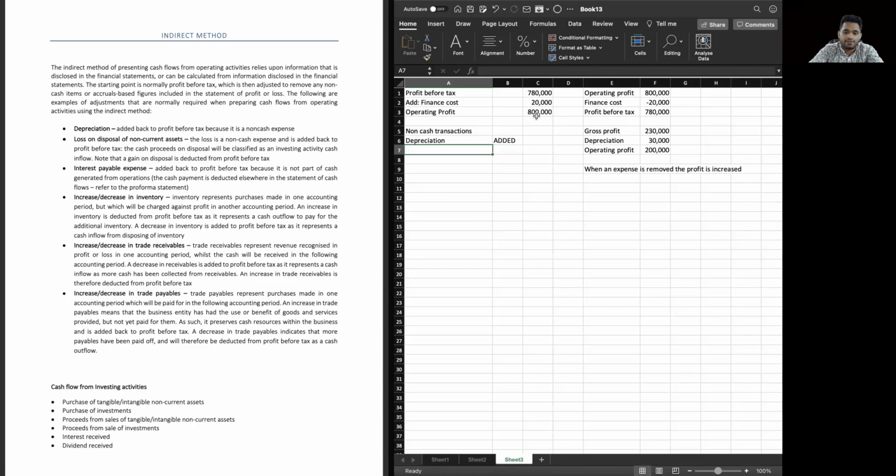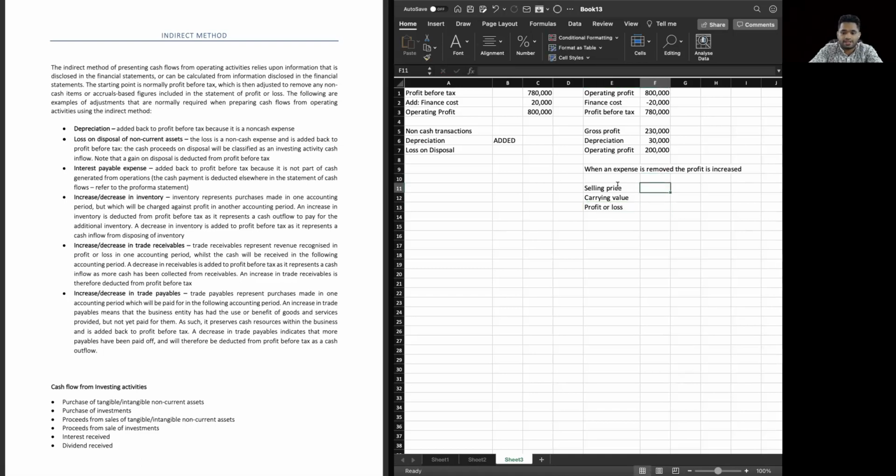The next one you have is, let's say, a loss on disposal. A loss on disposal is also an expense. If you look at a disposal of an asset, you will have your selling price less the carrying value to get you the profit or loss on disposal.